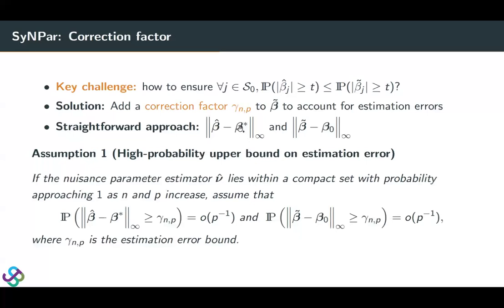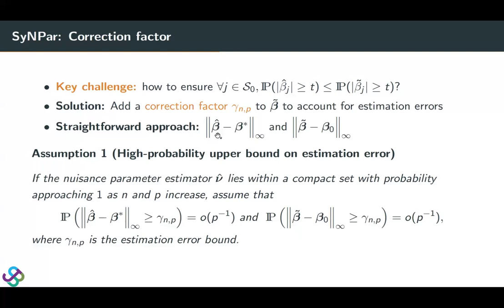As we said, in beta star, there are certain coefficients that are zero. In beta zero, for global null, all coefficients are zero. But for those zero coefficients, beta hat and beta tilde are not necessarily zeros due to the estimation error, right? So how can we make sure that beta tilde absolute values can upper bound beta hat absolute values?